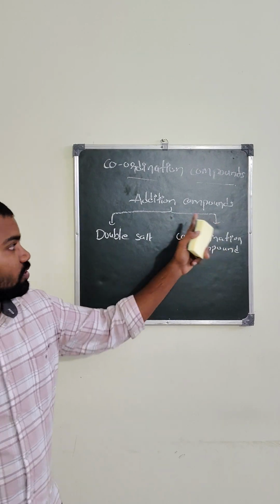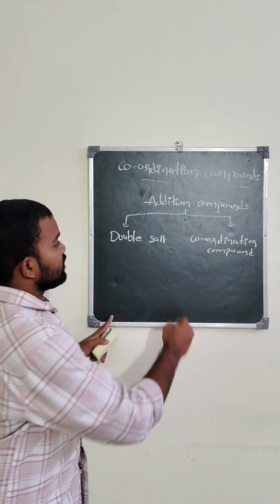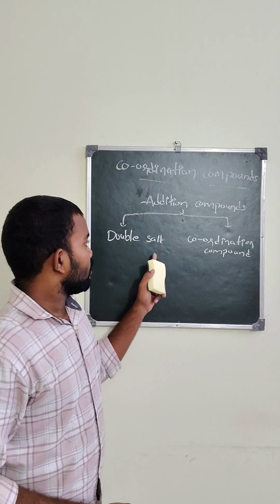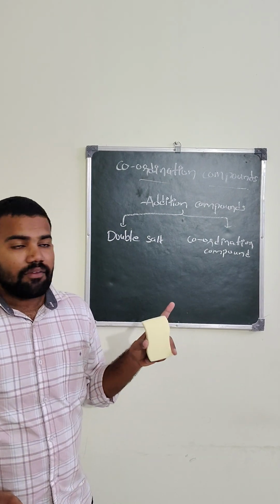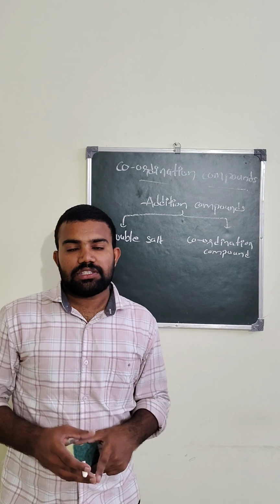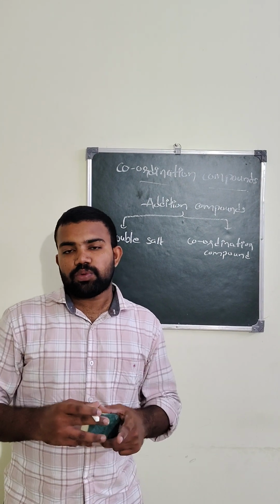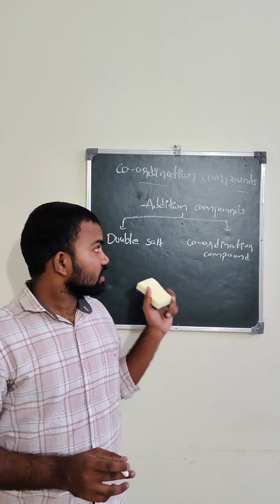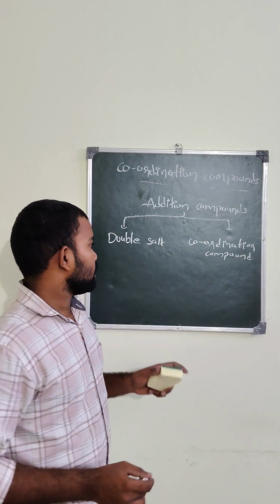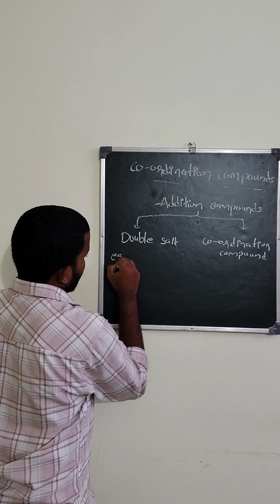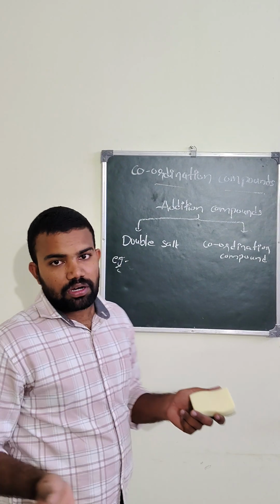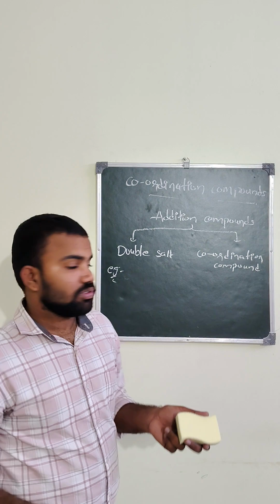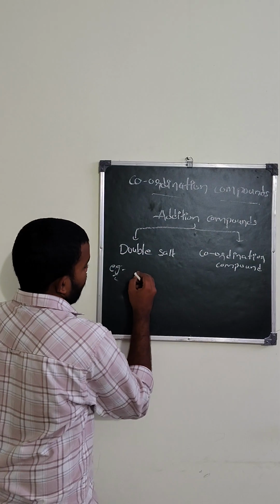So addition compounds are subdivided into two types. First one is double salt and second one is coordination compound. So what are double salts? When we mix two different simple salts in a fixed stoichiometric ratio, and we get a crystal compound, that is called a double salt.